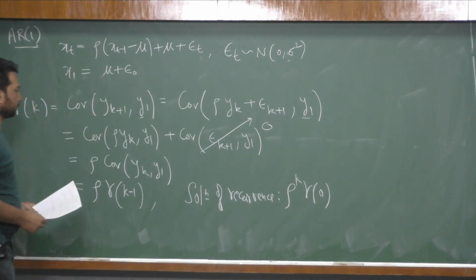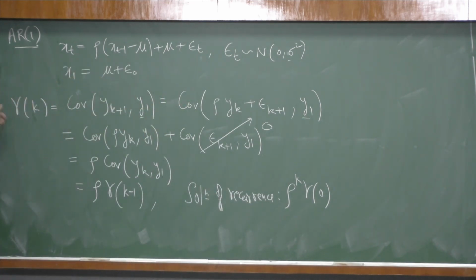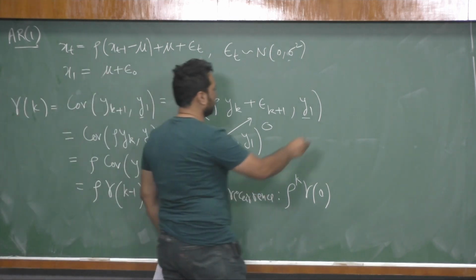So if we put this into the recurrence, we can check that this indeed satisfies it. So here gamma_k is rho^k gamma_0, and here is rho times gamma_{k-1}, so this recurrence is satisfied.